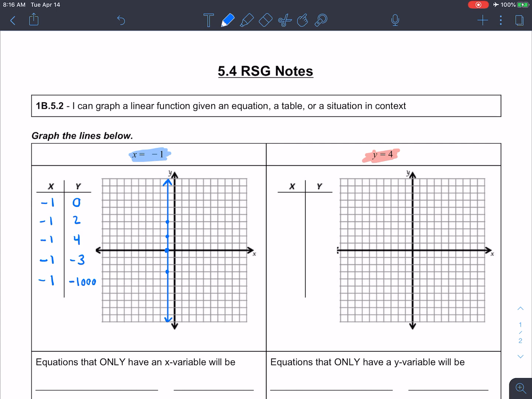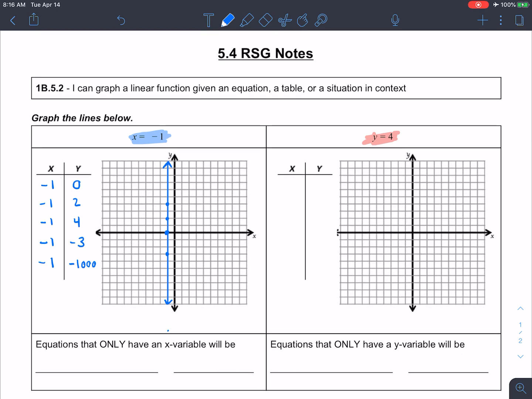Sorry I didn't plot -1, -1000. That'd be way off the page. The idea is that when our equation only has an x variable, we will always get a vertical line.